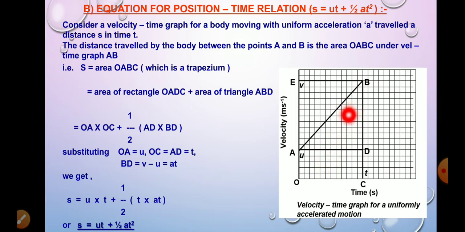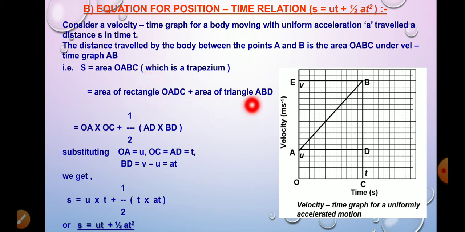If we add the areas of the rectangle and the triangle, we get the area of OABC, which is a trapezium. The area of the rectangle OADC is length into breadth, that is OA into OC.